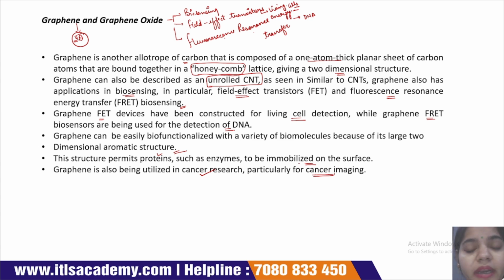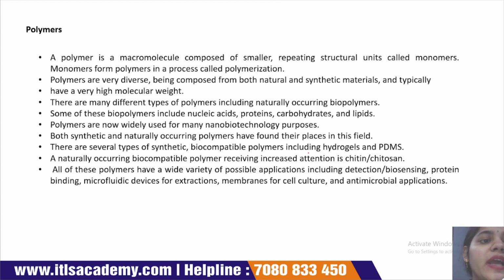Okay, now we discuss the next component, that is polymer. Okay, a polymer is a macromolecule composed of smaller repeated structural units called monomers. Monomers form polymers, and the process is known as polymerization. For example, cellulose.